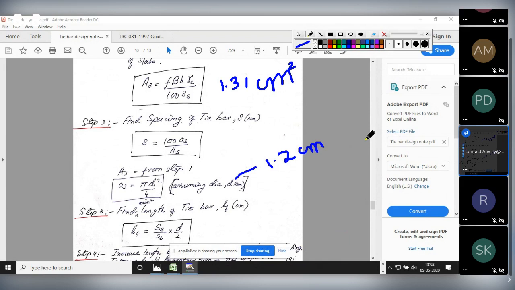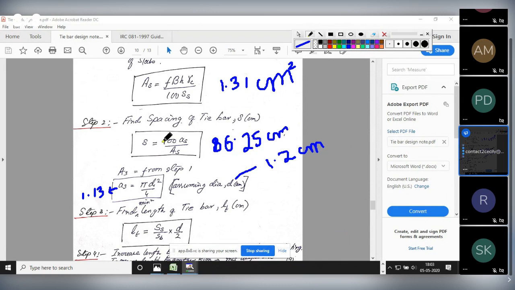So small s will be 1.13 centimeter square. And S is your 86.259. So this is your small s in centimeter.